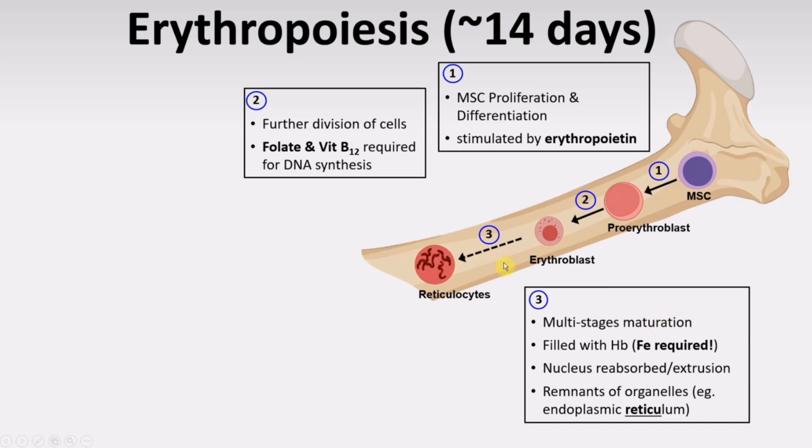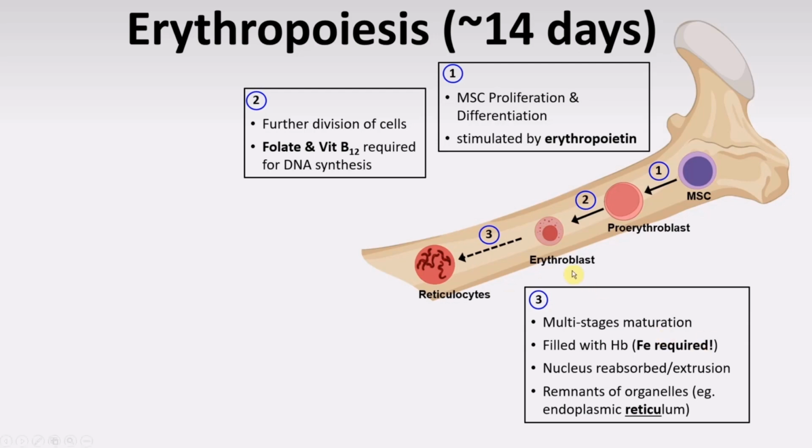But essentially what you need to know in these multiple stages of maturation is that the erythroblasts will start to be filled with hemoglobin. And of course, the synthesis of hemoglobin requires iron. Hence, with iron deficiency, the process of erythropoiesis will be disrupted. And that's how iron deficiency anemia comes about.